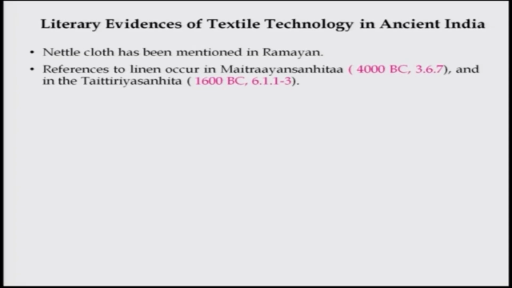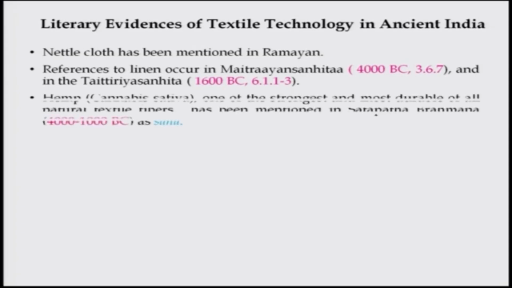That means our ancestors were aware of how to use this fiber for cloth. Hemp is another fiber, botanical name Cannabis sativa, one of the strongest and most durable all-natural textiles, mentioned in the Satapatha Brahmana in the Veda, around 4000 to 1000 BC, and it is known as Sana.